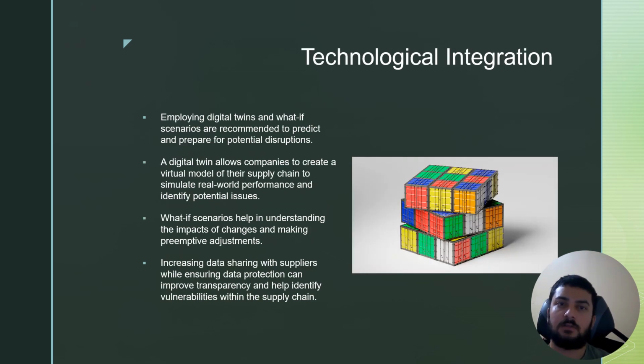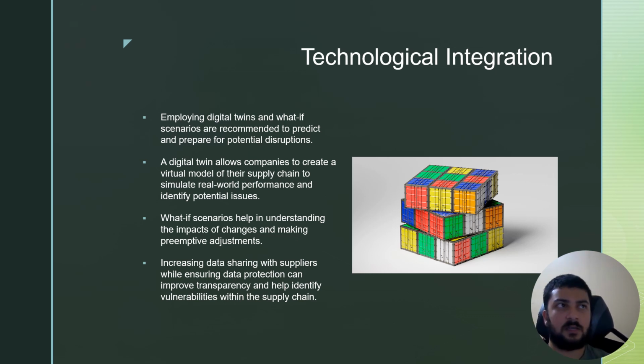Technical integration. Employing digital twins and what-if scenarios is recommended to predict and prepare for potential disruptions. A digital twin allows companies to create a virtual model of their supply chain to simulate real-world performance and identify potential issues. We learned something like this in finance, with modeling in Excel.